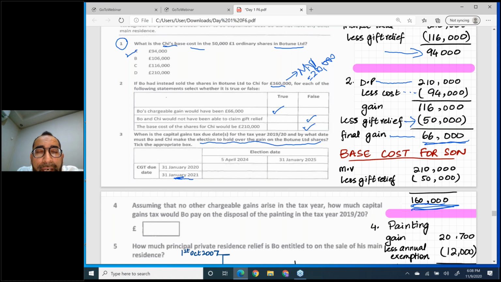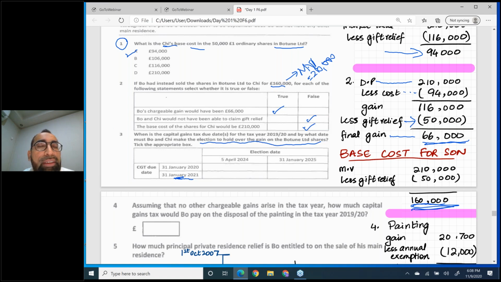The claim date for gift relief is 4 years from the end of the fiscal year in which the gift is made. What's our fiscal year? Our fiscal year is 1920, and it ends on 5th of April 2020.